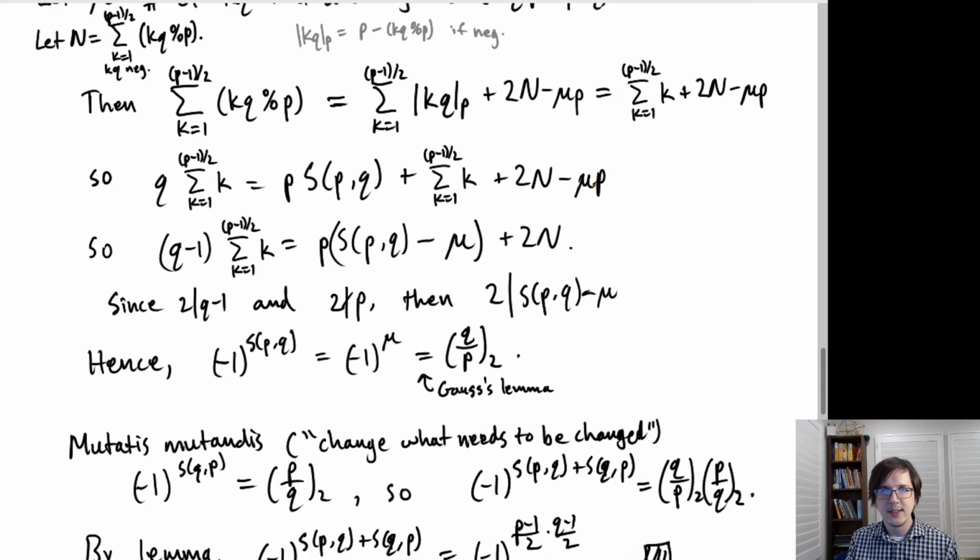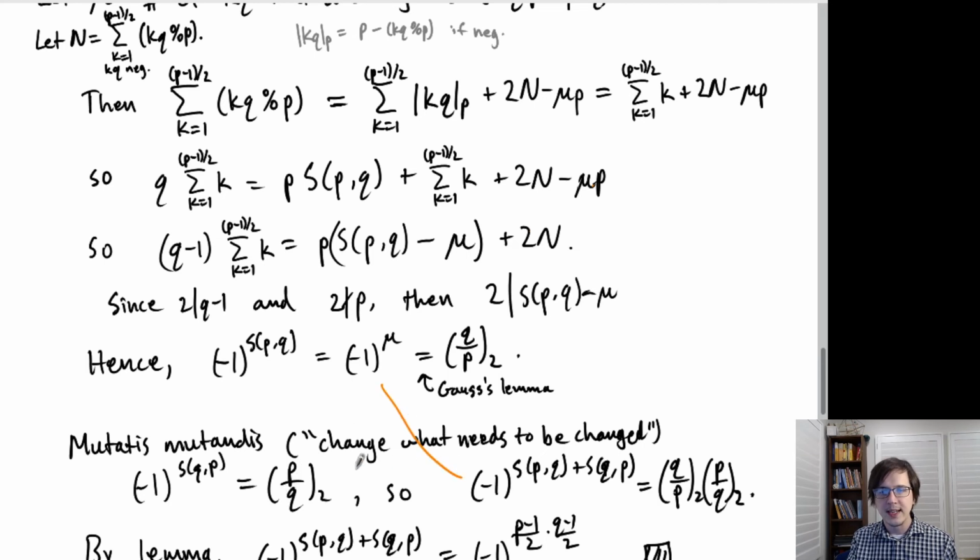Okay, so now doing a Harry Potter-like spell, mutatis mutandis, which means change what needs to be changed. Nothing in this depended on which one was q or p, so we can just take the proof, swap the p's and q's, and similarly prove that minus 1 to the s_{q,p} is the Legendre symbol (p/q).